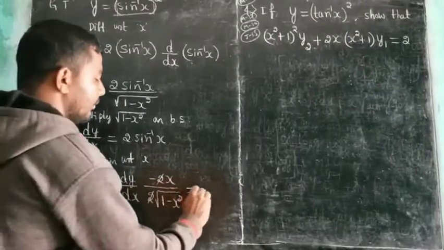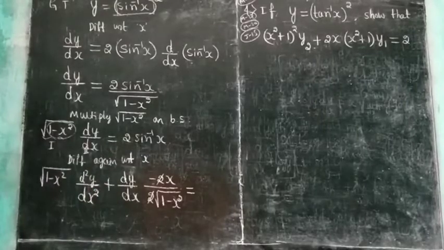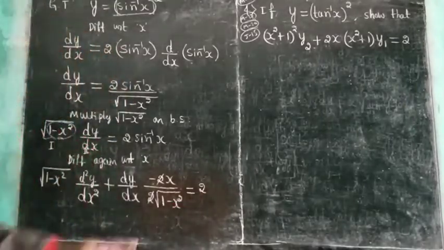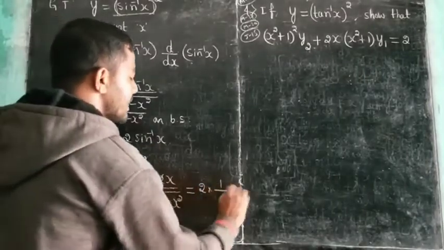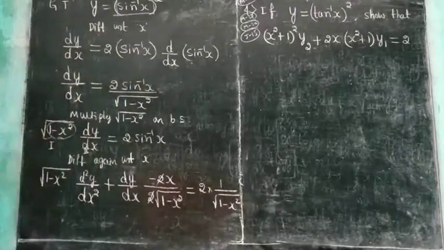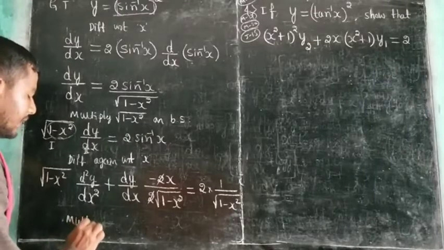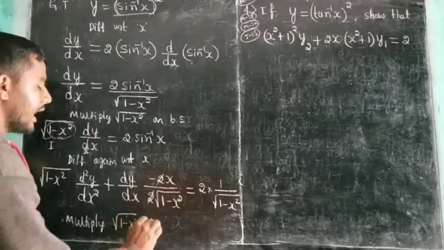Is equal to, in the right hand side 2 sin inverse x is there. Take 2 as it is. Write the derivative of sin inverse x. The derivative of sin inverse x is 1 divided by root of 1 minus x square. Once again multiply root of 1 minus x square on both sides.